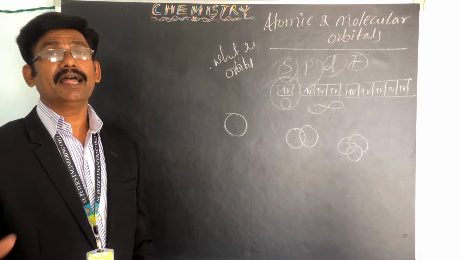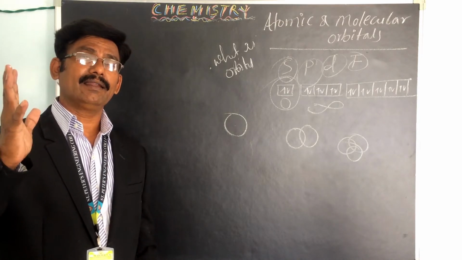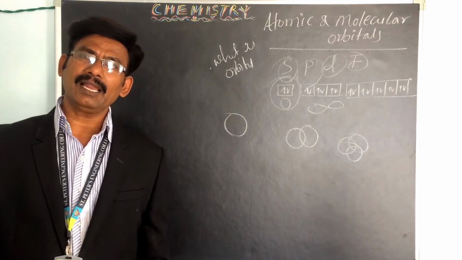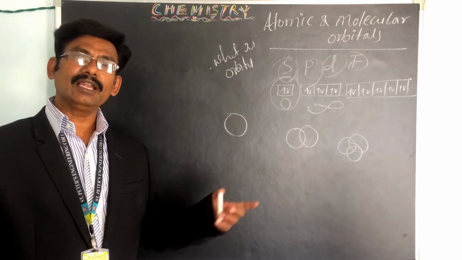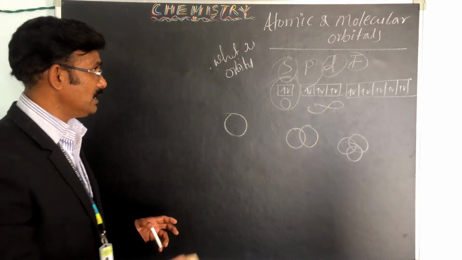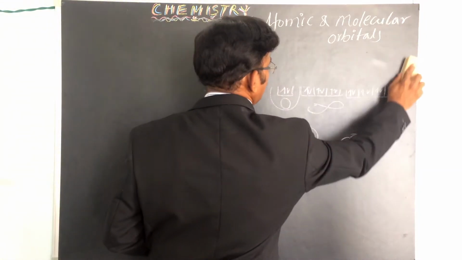So can we write the differences and similarities? First, what is the atomic orbital and the molecular orbital? Then we will discuss the difference between both. Okay, we will write that.